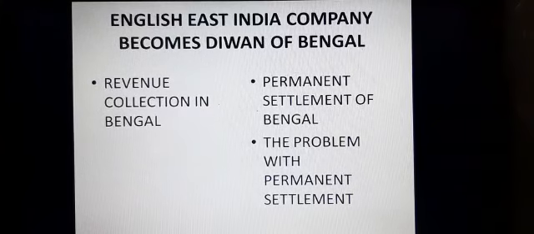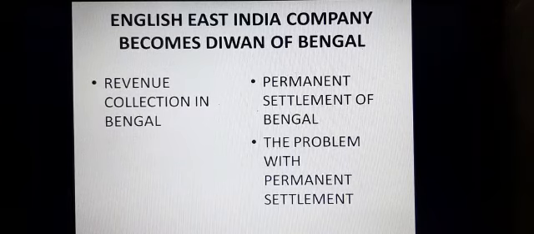Due to this, uniformity was not maintained and the zamindars and ryots took no responsibility of cultivation, which resulted in crop failure and heavy losses in revenue to the company. Due to the bad economic situation in Bengal, people couldn't pay the high revenues demanded by the company.